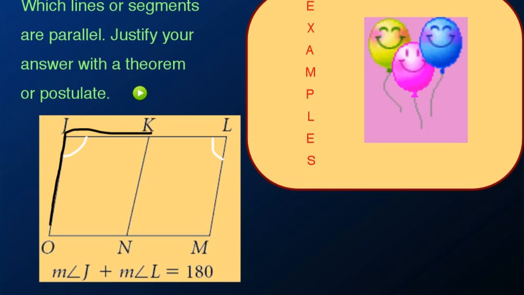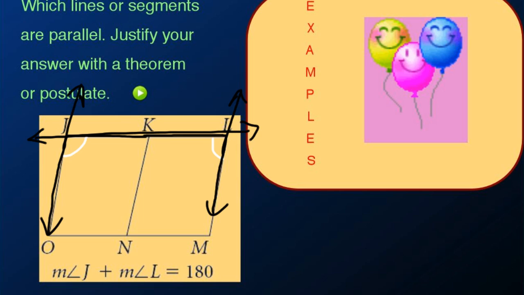Let me go back here. So if J, angle J, and here's L, well, you notice if I just extend angle L out and these sides, you'll notice that I have 2 lines, and then this line becomes the transversal. And so what kind of angles are J and L? Well, they're same side interior, and they add up to 180. So that means which lines would be parallel?